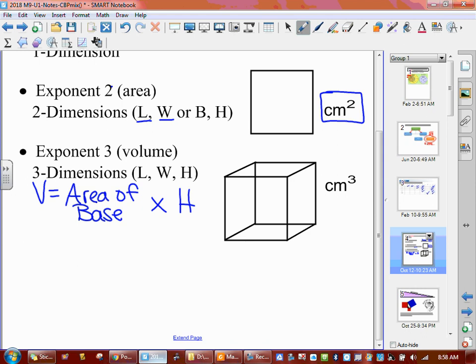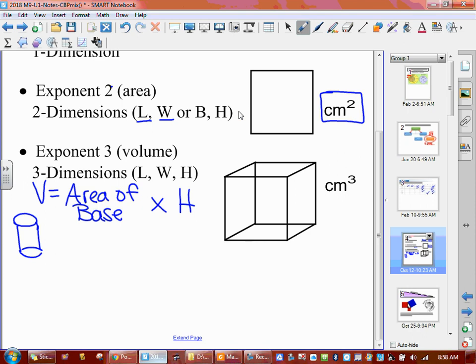So if I've got an object that looks like this, a pop can, that's a cylinder. The area of the base is a circle, so it's a cylinder. Volume will include the circle, being the area, pardon me. Got a little tongue-tied there. Alright, so volume includes the area of your base.